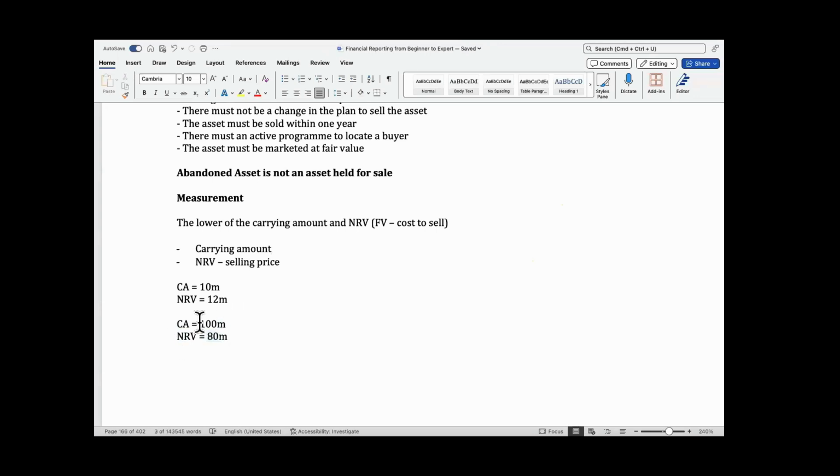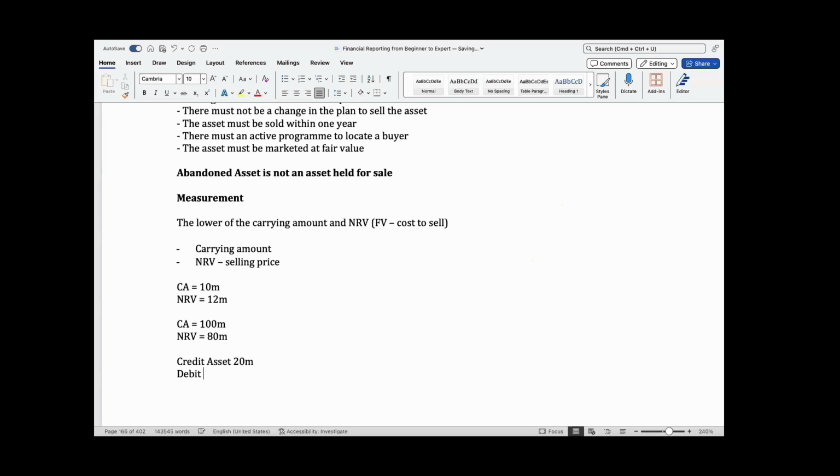So we'll now have to write down, we'll have to adjust our books from 100 million to 80 million. Logically, when you need to reduce your assets, you are going to credit that asset, in this case with 20 million.